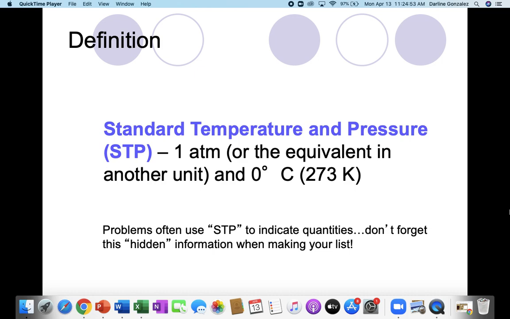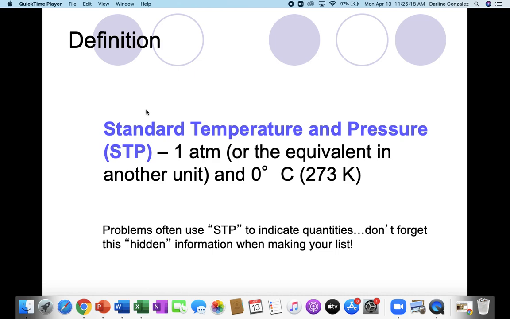Please understand, you will see something known as STP a lot in problems. It's abbreviated from standard temperature and pressure. So what does that mean? The standard temperature in any problem is going to be 273. So anytime you see the words standard temperature in a problem, you know that is equal to 273.